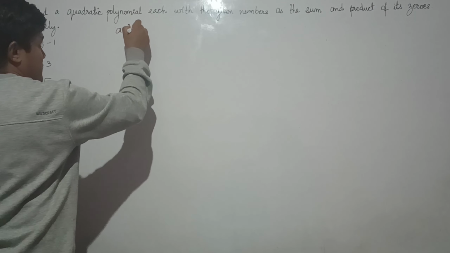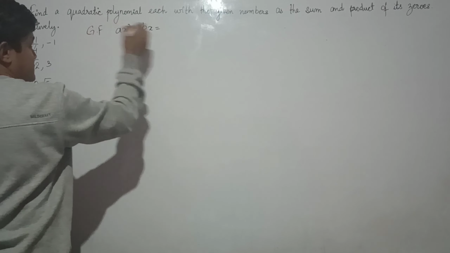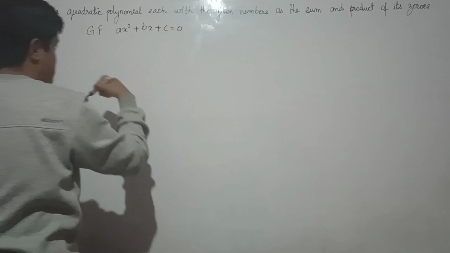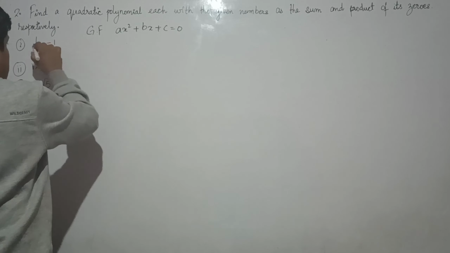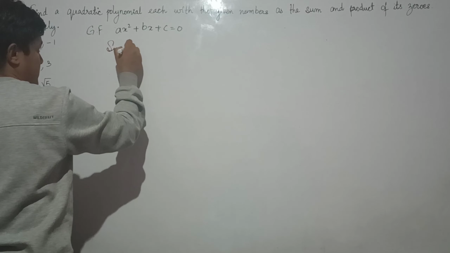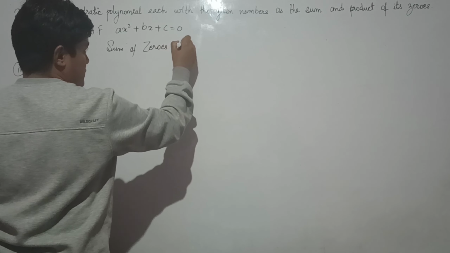Quadratic polynomial, its general formula is ax square plus bx plus c equals to 0. Now 1 by 4 is the sum of zeros, equals to alpha plus beta.